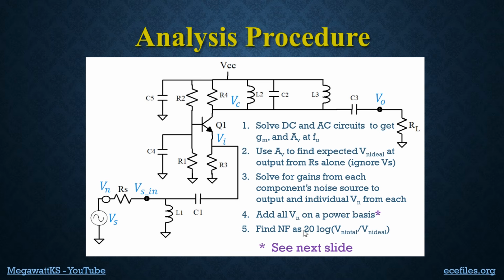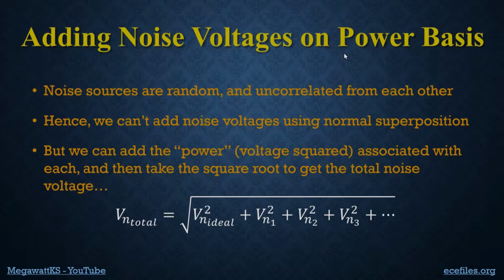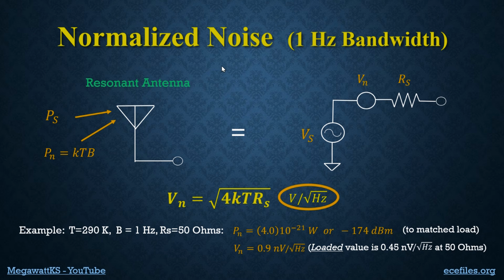All right, let's see how we add these things on a power basis. So the noise sources are random. They're not sine waves, they're random waveforms, and the more bandwidth you have involved, the more noise you get. I should mention that as part of the review, so let me review that slide real quick. A lot of times, in fact, perhaps most times, people use what's called normalized noise.